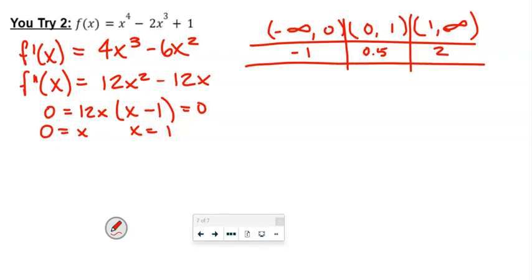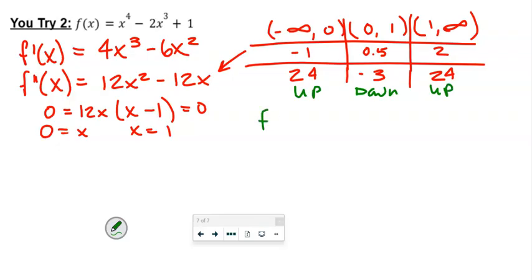Now we're going to plug those back into this function. When we do that, we get 24 here, we get negative 3 there, and we get 24 here. So once again, we're going up, down, up. So we're going to have 2 points of inflection again.